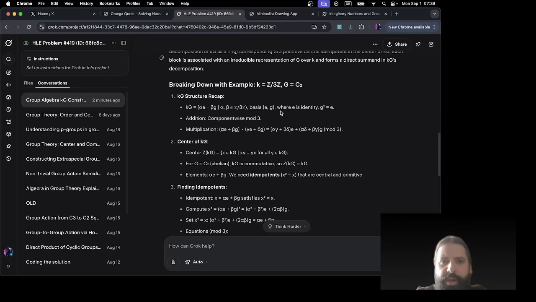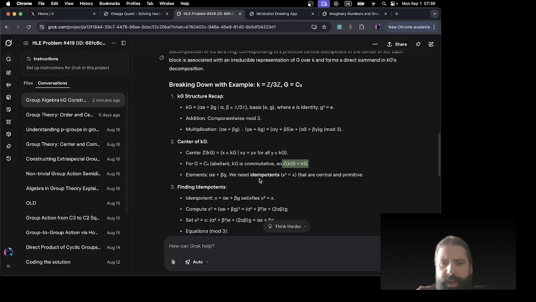Breaking down with this example. The KG structure, we know. The center of KG is the elements of KG such that xy equals yx for all y in KG. So the center is the whole group algebra.